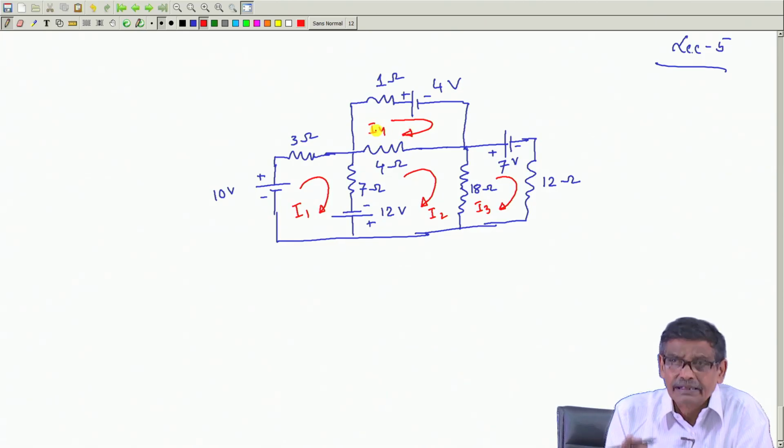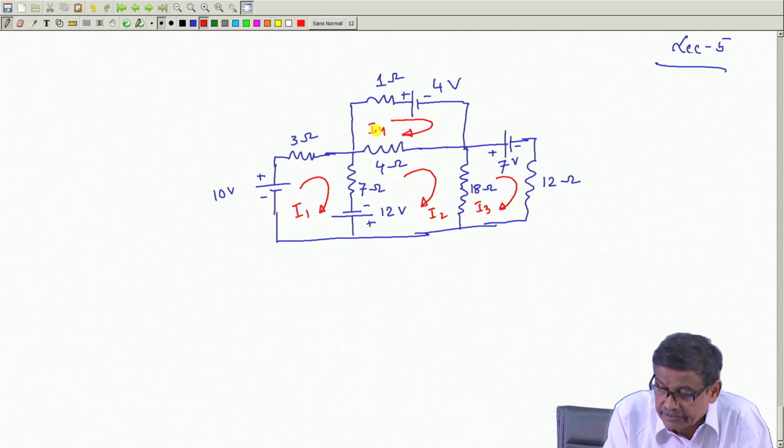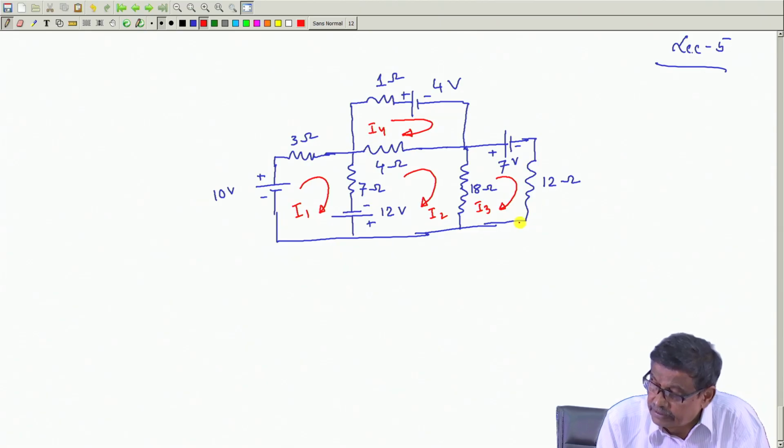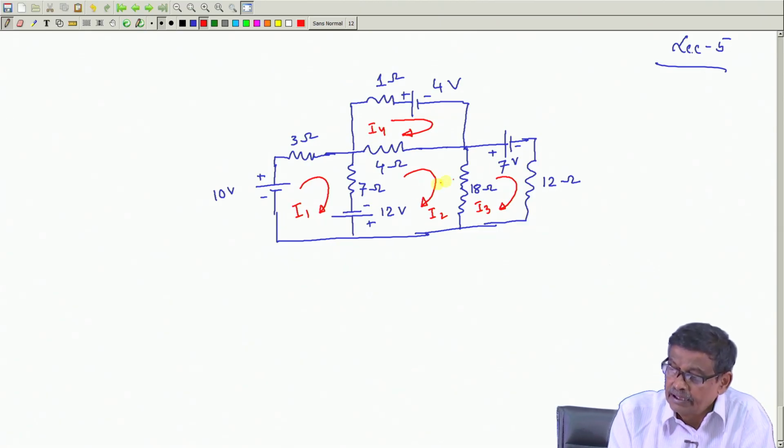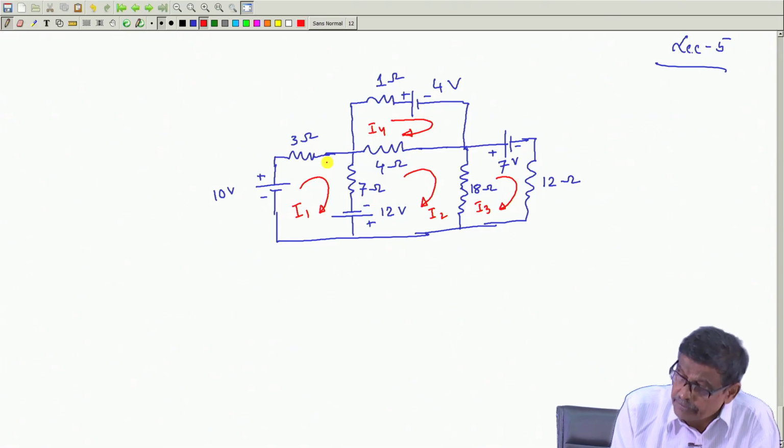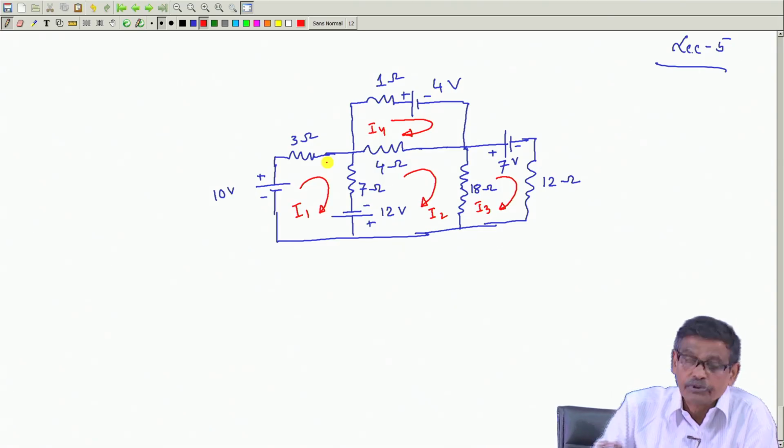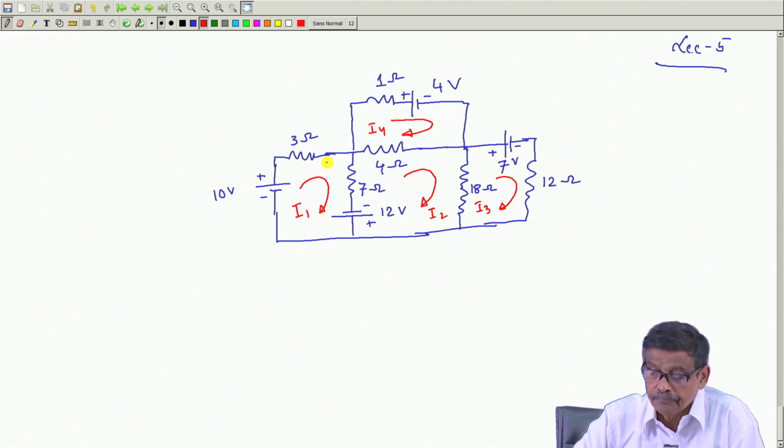And mind you, what I have really assumed is this branch current I 1, this branch current I 4, and this branch current I 3, and others can be derived if one wishes to find out. Therefore, I have to generate 4 equations.